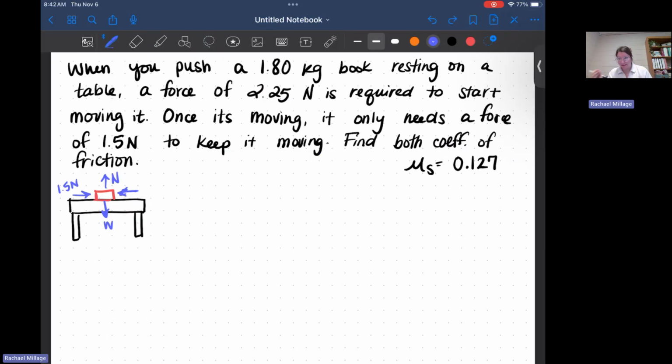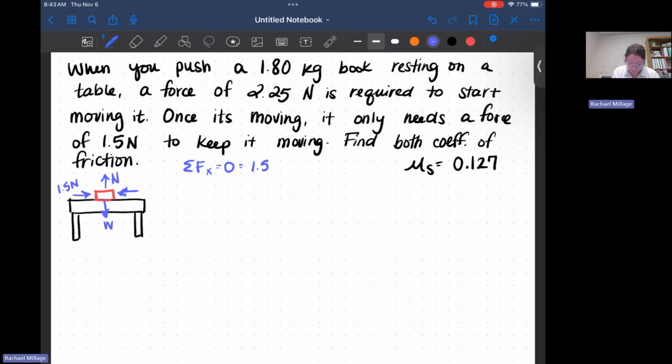If it's moving at a constant speed, we don't have a change in our velocity. If we don't have a change in our velocity, our acceleration is going to be 0. If our acceleration is 0, our net force must also be equal to 0. So the sum of forces in my x direction equals 0 because it's moving at a constant speed. There's no acceleration.